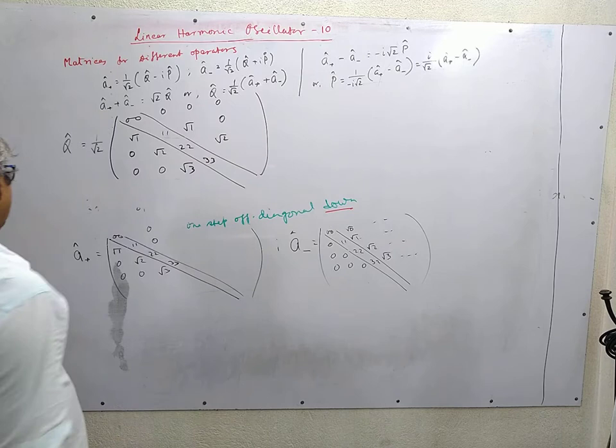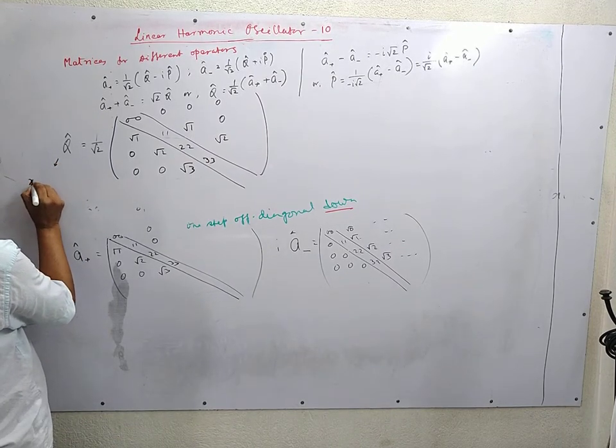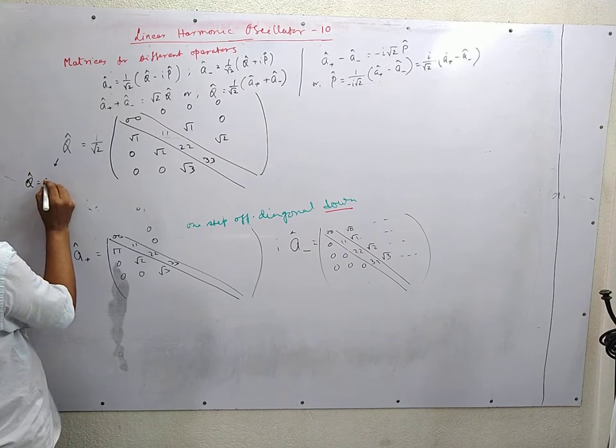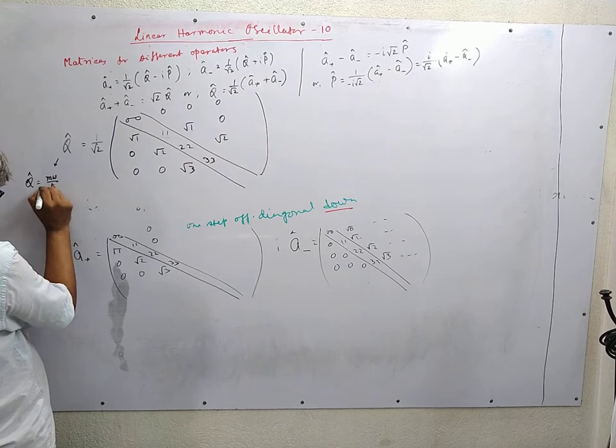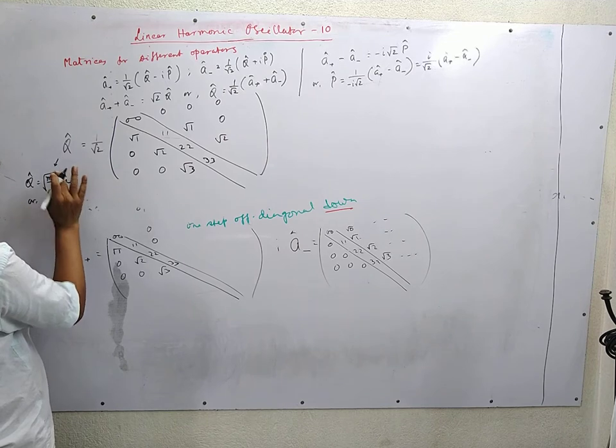If you want to get the matrix for position, you know that Q is equal to h cross X, or X is equal to Q divided by that factor.